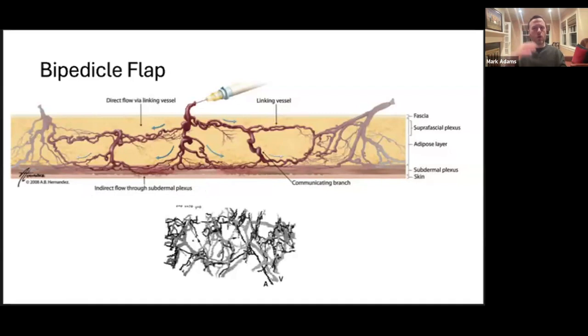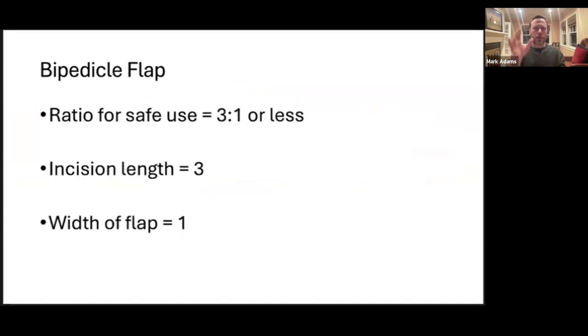Okay, and so all of that put together creates the random pattern cutaneous blood flow, which links the angiosomes together and allows perfusion of the skin that has been disconnected from its muscular perforators. And so to create a well-perfused flap, the general rule of thumb is that the ratio be 3 to 1 or less, with the 3 representing the incision length and the 1 representing the width of the flap.